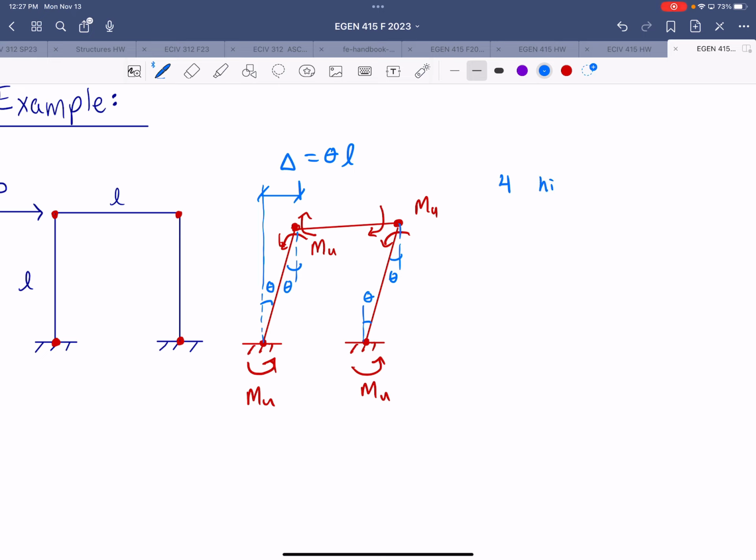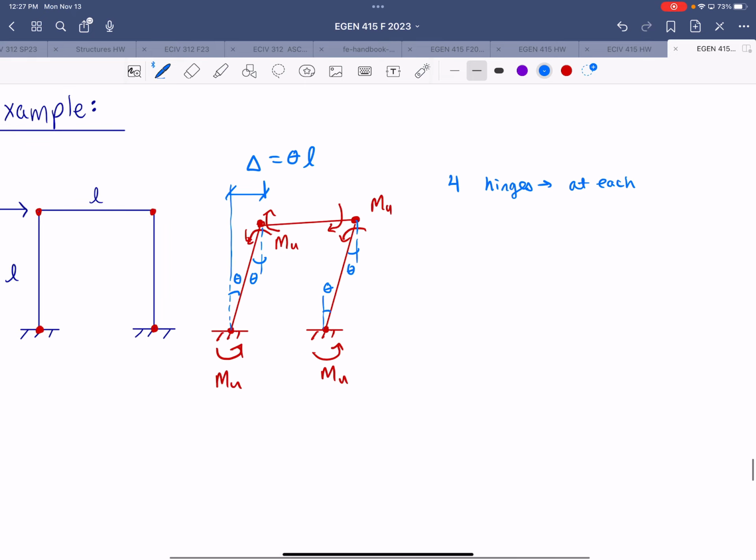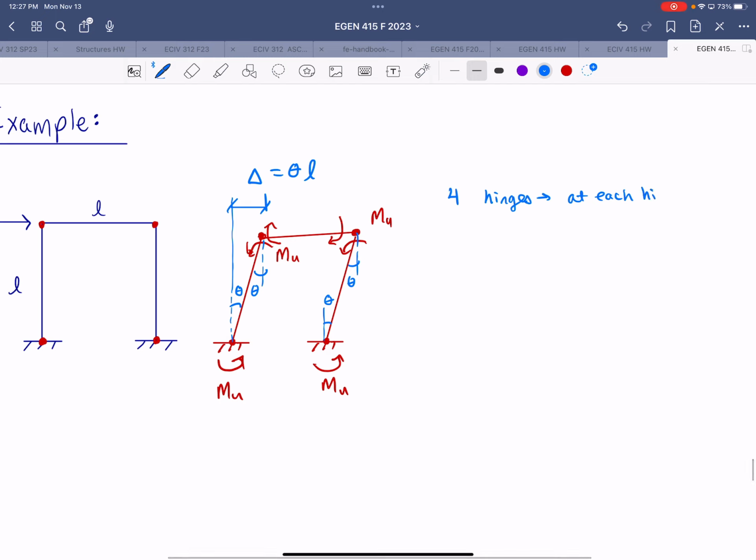So we have 4 hinges, and at each hinge, we have mu theta. So our total internal strain energy is 4 mu theta.